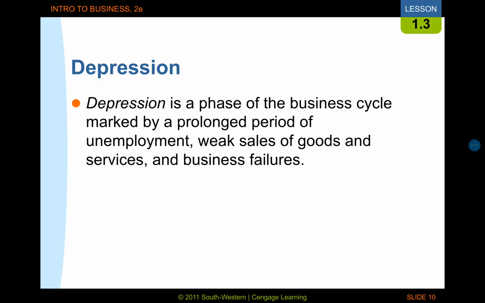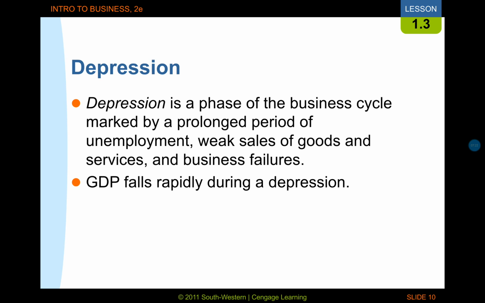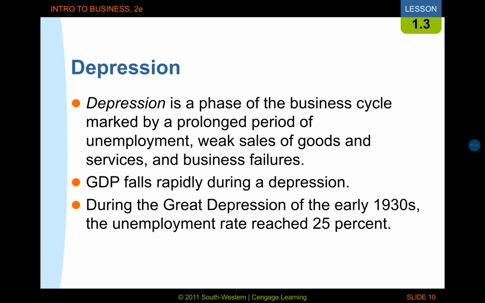Our unemployment has been high for quite some time. It causes the GDP to fall rapidly. And I'm sure most of you may have read about this in your history books. During the Great Depression in the 1930s, the unemployment rate reached 25%.